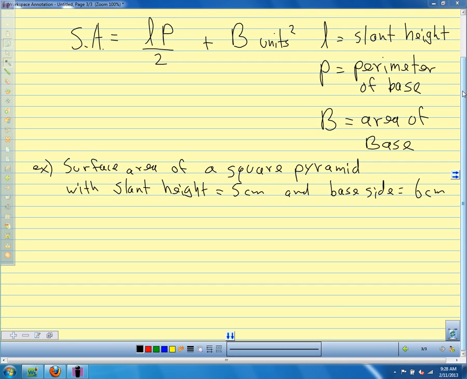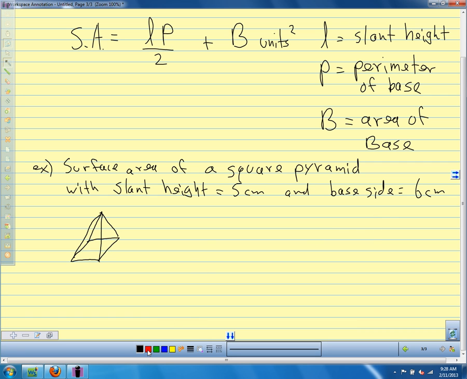If the problem doesn't give you a picture, it can be helpful to draw a picture. So let me draw a picture. Here's my base. It doesn't have to be perfect and beautiful, just a quick sketch to help you out. The base is a square. There's my pyramid. It says the base side is 6 centimeters.